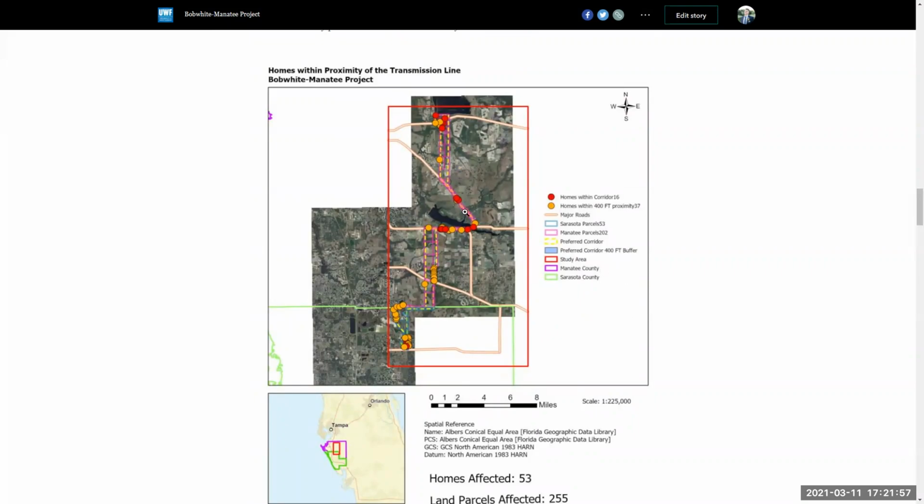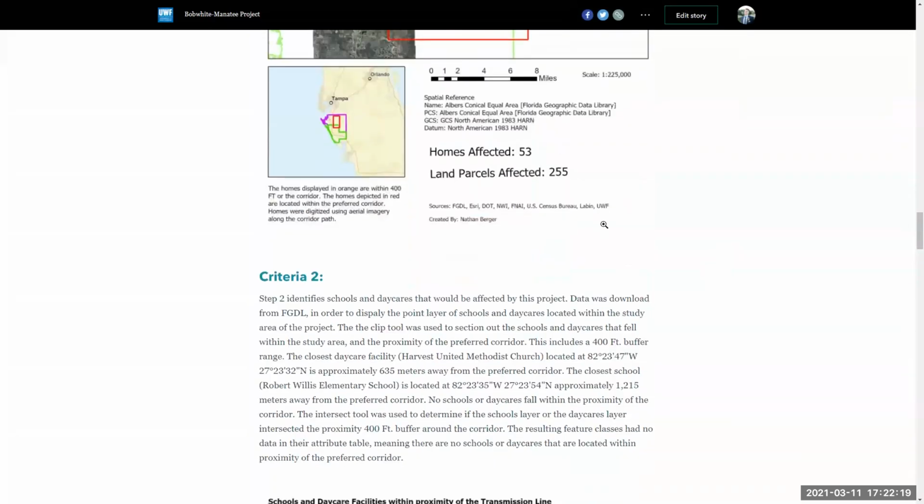As you can see, the homes in red are the homes that fall within the actual corridor that will be affected the most. And then the homes that don't necessarily fall within the corridor, but they do fall within that 400-foot proximity of the corridor will also be affected, depicted in orange. So this would be our final answer for that.